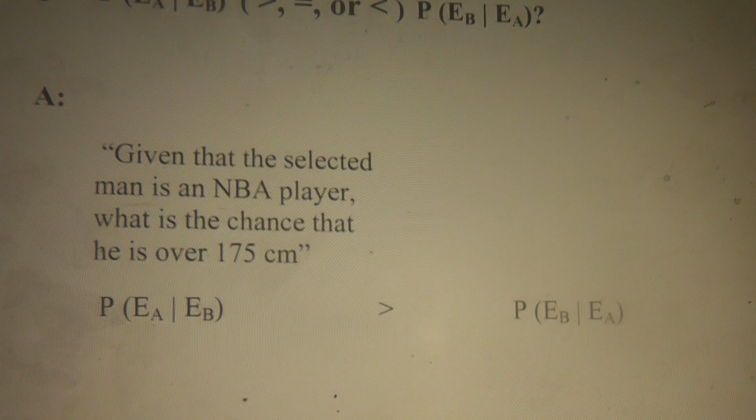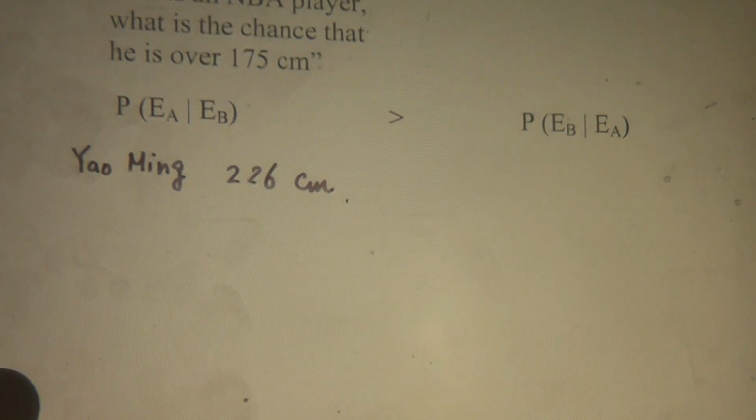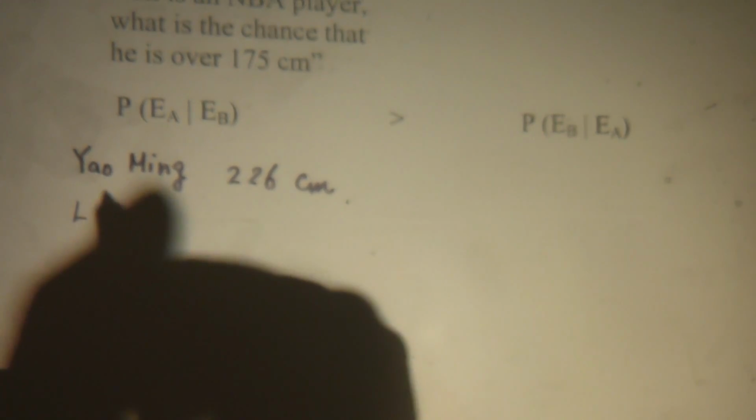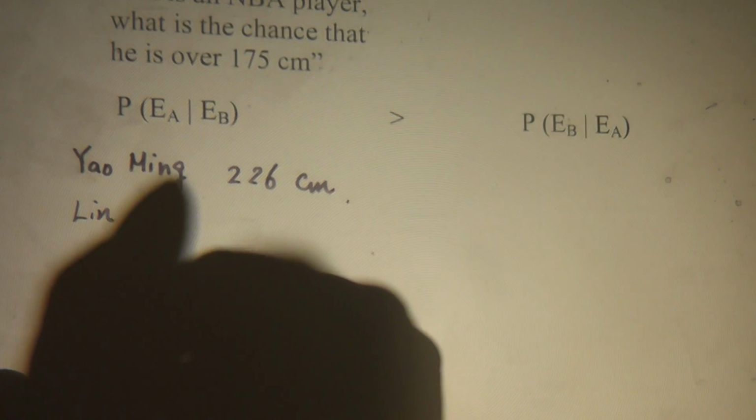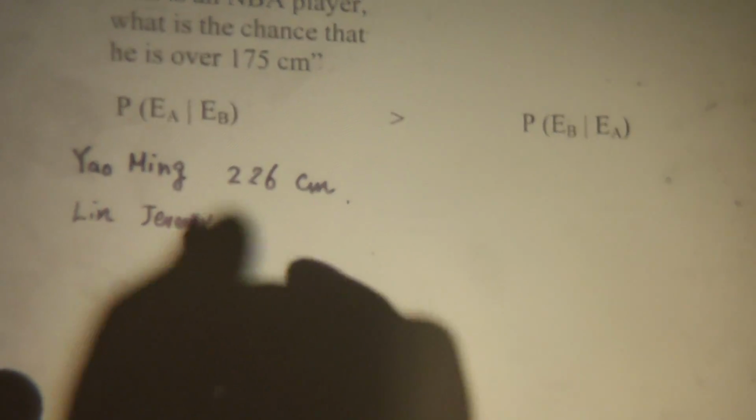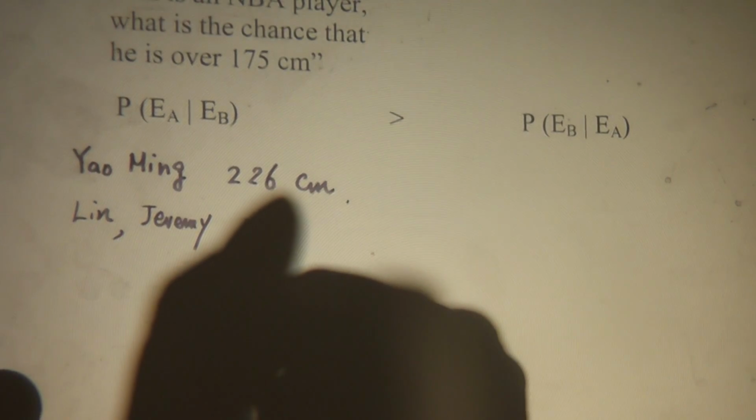Say, how tall is Yao Ming? Yao Ming is 226 centimeters tall. And how tall is Jeremy Lin? He's playing for Houston Rockets now too. Jeremy Lin is 194 centimeters tall.